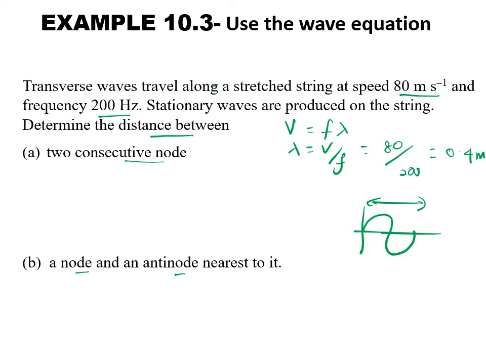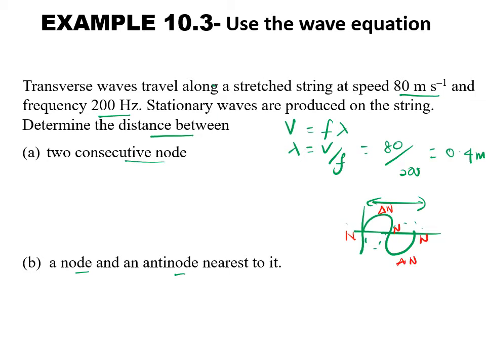Regarding this figure, you need to find two consecutive nodes. Here is a node, here is an antinode, here is a node, here is an antinode, and here is a node.